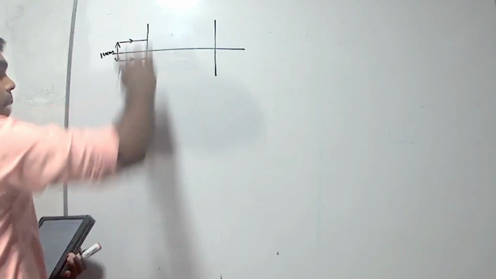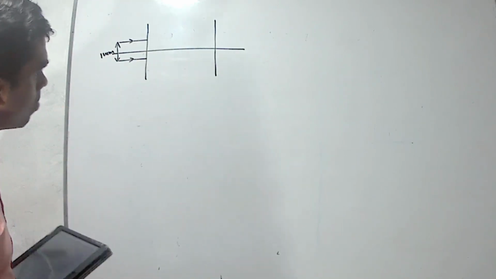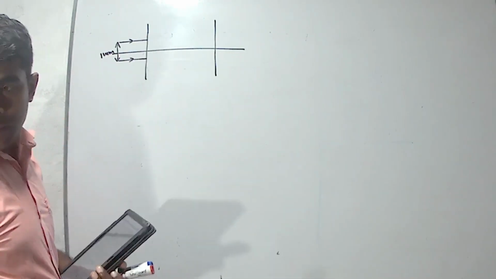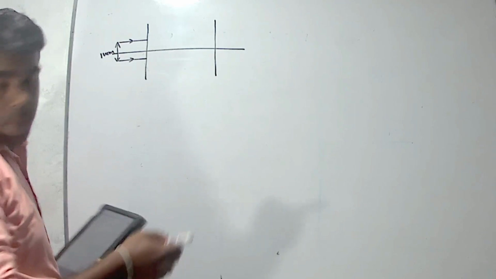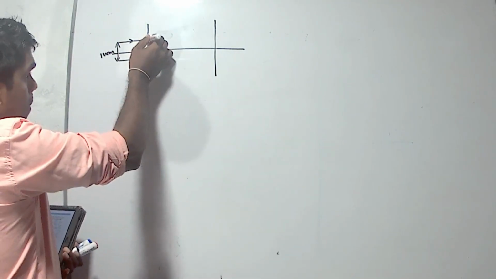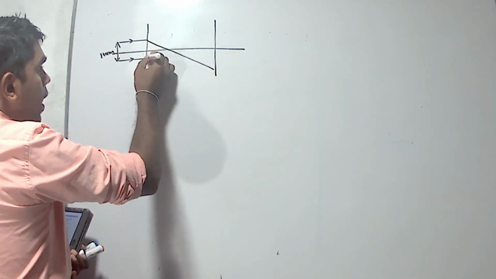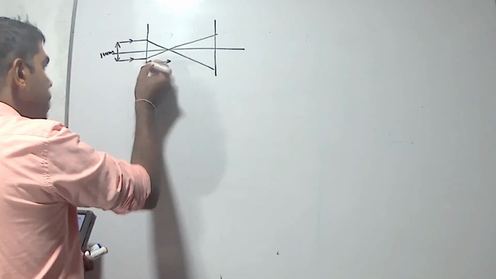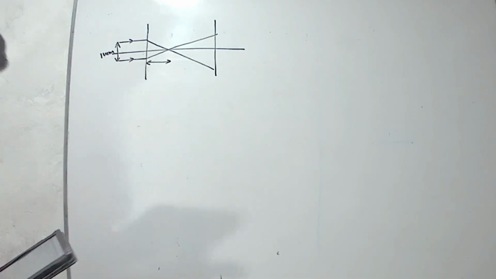We know that parallel beams meet at the focal point. Therefore, this length should be the focal length of the first lens.